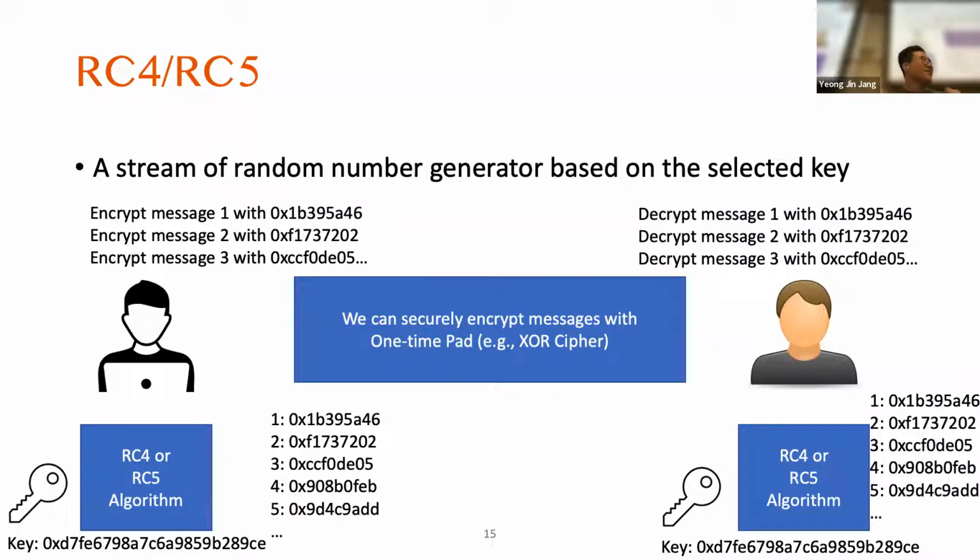But to remove that restriction, what if we have a random number generator based on the key? Then if our data length is 1 GB, we run this algorithm multiple times up to generating 1 GB of random numbers. Yeah, that is the point.